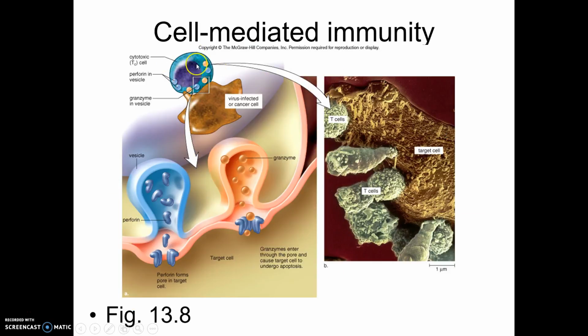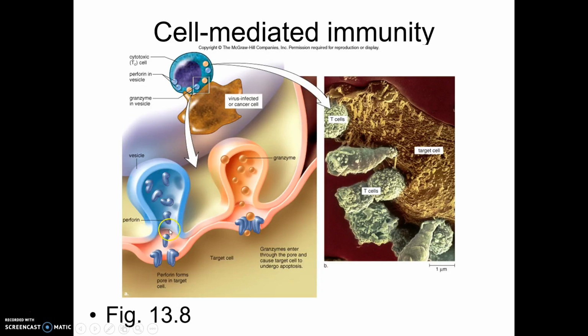So here we see a cytotoxic T cell that has come across a virus-infected cell. Now, this is an actual picture. This is a virus-infected cell here, and here are cytotoxic T cells that have been activated, and they're coming to kill this cell and kill the virus that's inside of it. What it does, again, is form the perforin molecules. Notice here are perforin molecules, the process of exocytosis.